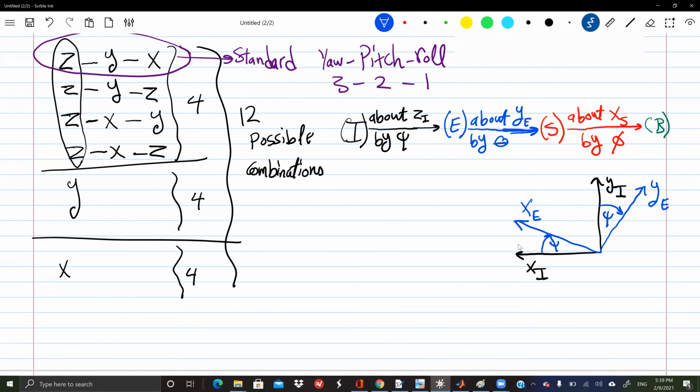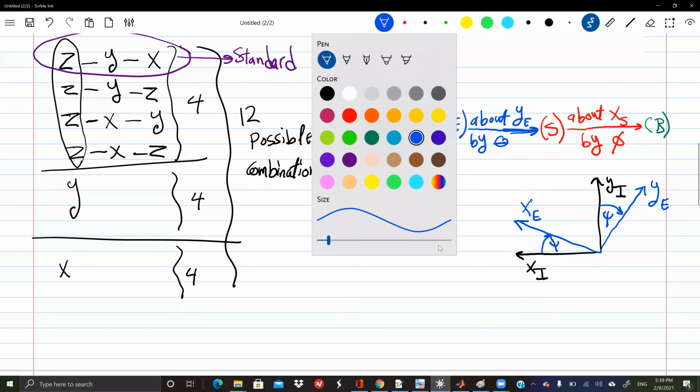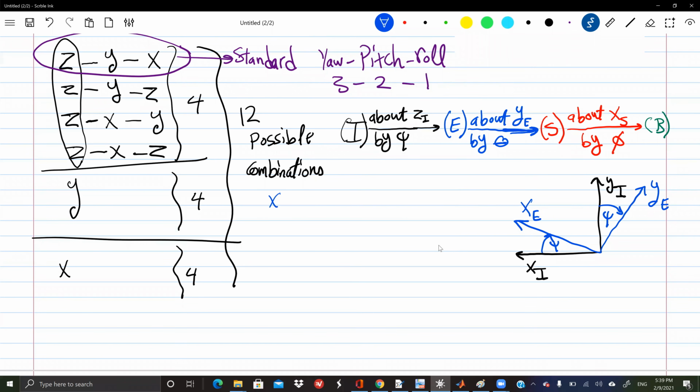The standard naming are psi, theta, phi. Now all I need to do is simply relate the blues to the blacks. So I need XE, YE, ZE.